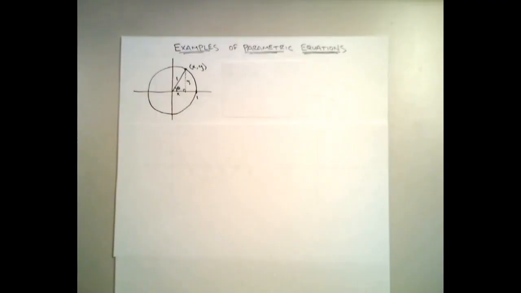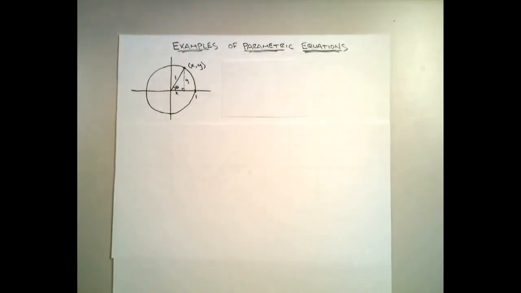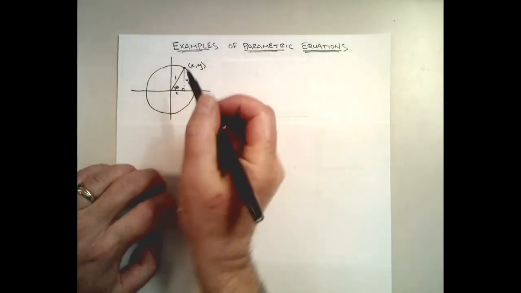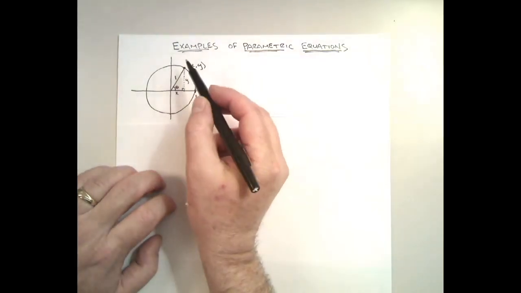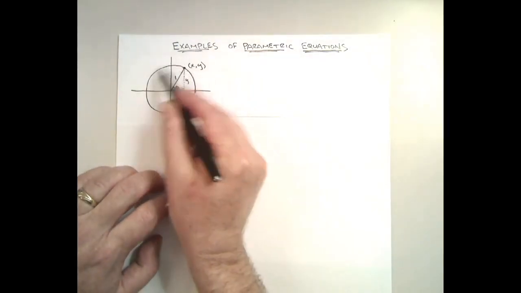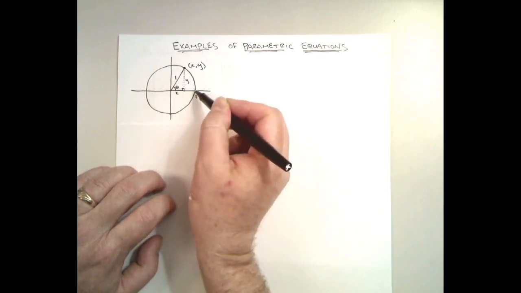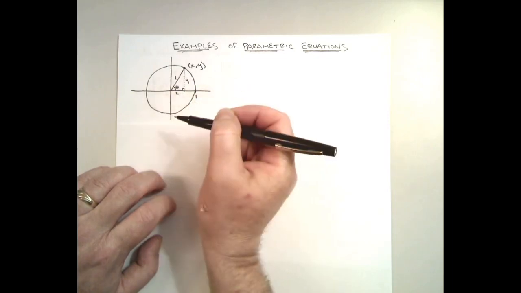We're going to begin by looking at an example that you are really familiar with. Let's go back to the whiteboard. We're going to start by talking about the circle. We can describe the equation of a circle. This is a circle with radius 1 centered at the origin.